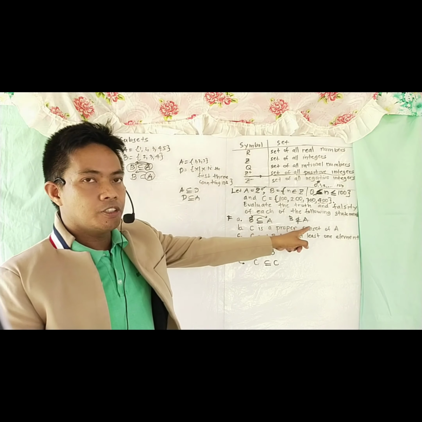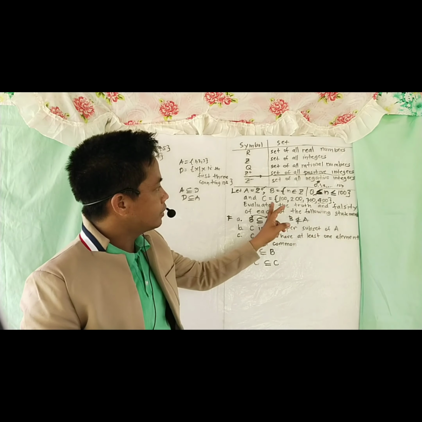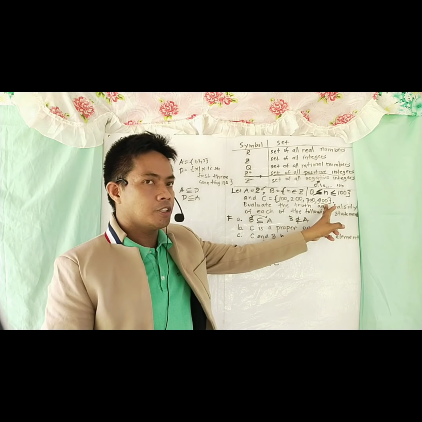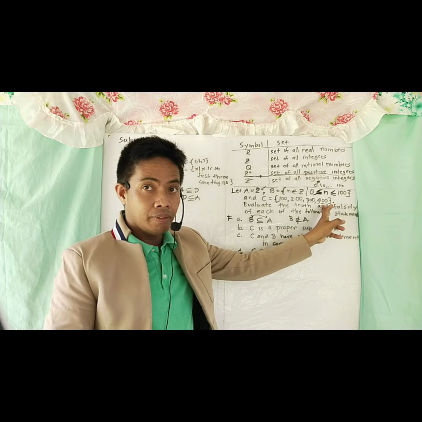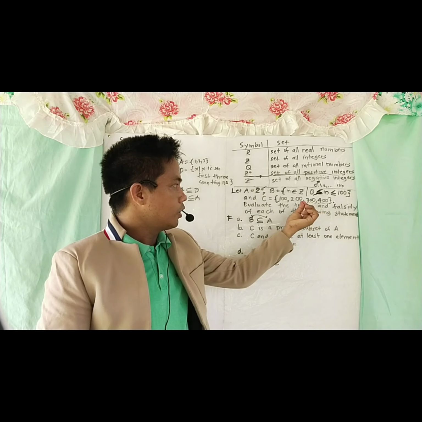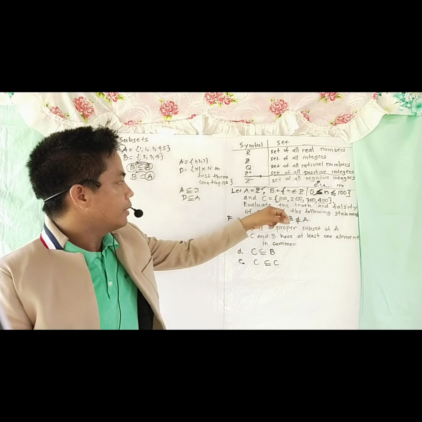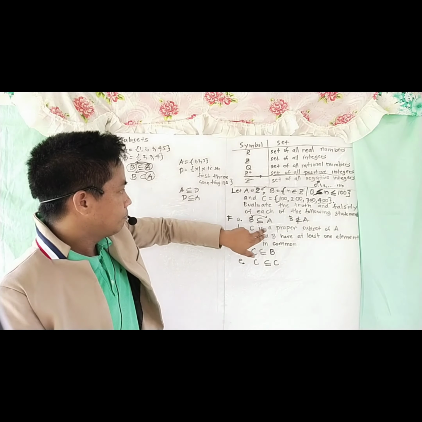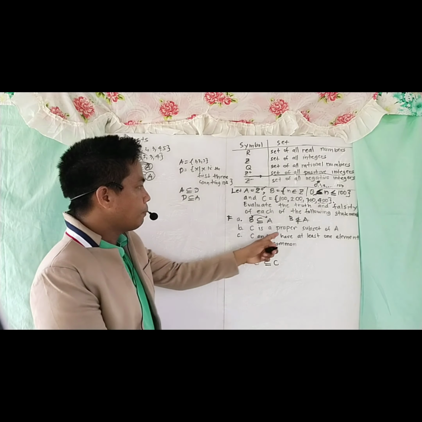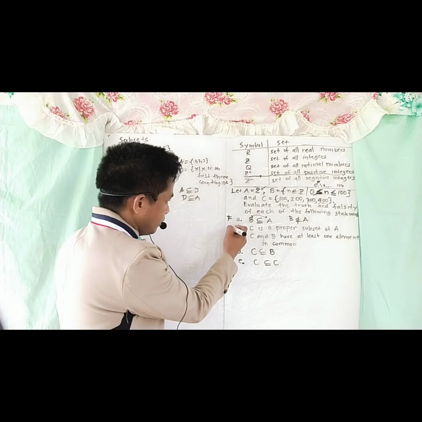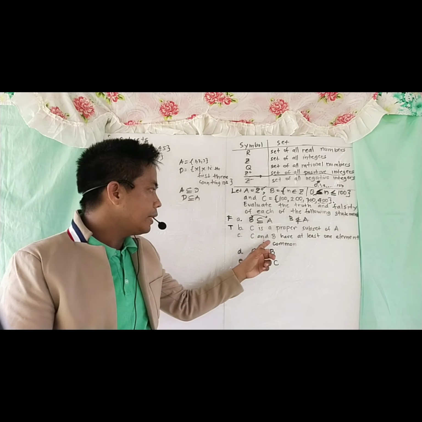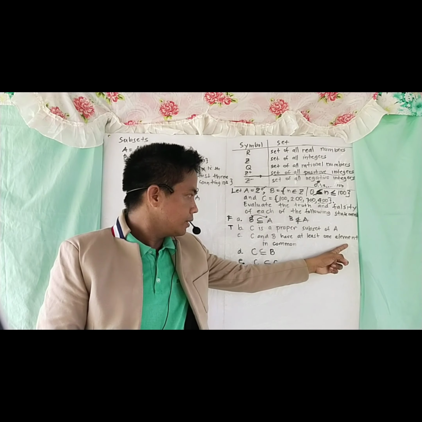C is a proper subset of A. See here, we have 100, 200, all of these counting numbers. All of these are positive integers, meaning all of these members are also elements of the positive integers. So set C is a proper subset of A. Therefore, this is true for letter B. Letter C: C and B have at least one element in common.